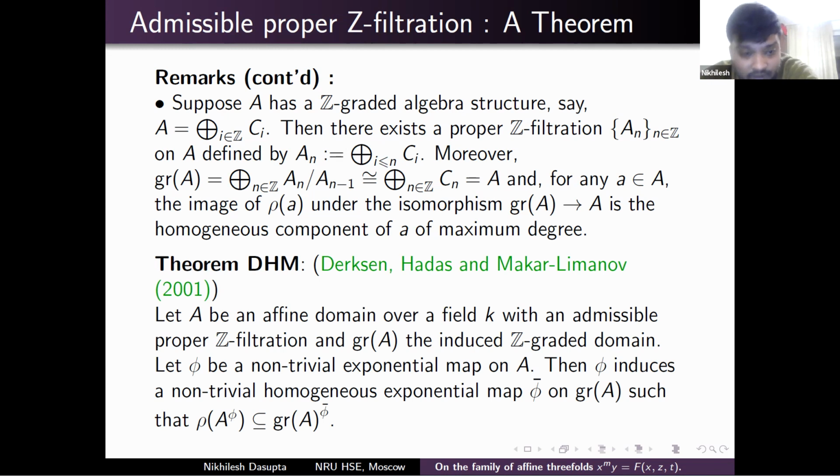Let phi be a non-trivial exponential map on A. Then phi induces a non-trivial homogeneous exponential map phi bar on GR(A) such that rho of A^phi, the image of the ring of invariants, is contained in GR(A)^phi bar. So the ring of invariants of phi bar is GR(A)^phi bar, and rho of A^phi will be contained in it. We have similar results for LNDs also, of the same flavor, but this holds even for exponential maps.